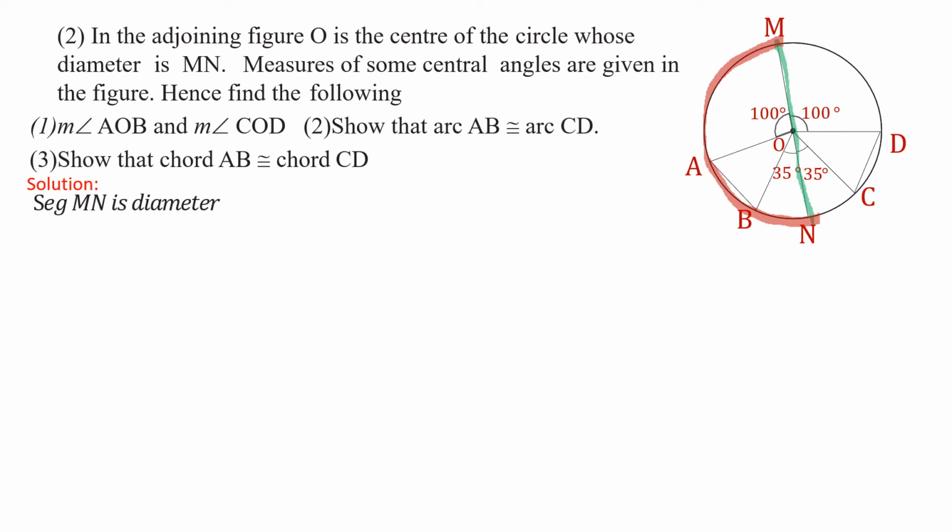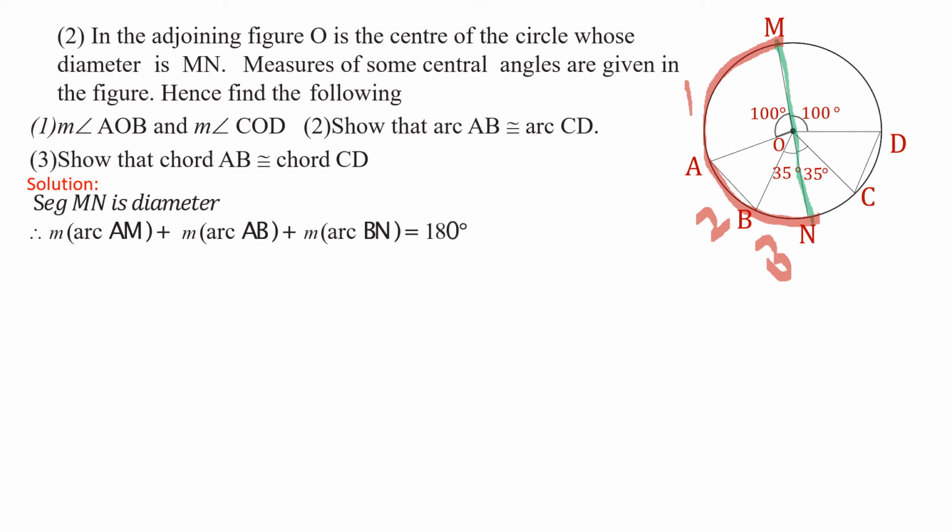This semicircular part, that is 180, is divided into three arcs. This one, AM, AB and BN. So write down arc AM plus arc AB plus arc BN is equal to 180 degrees.